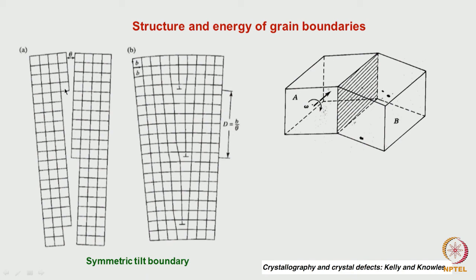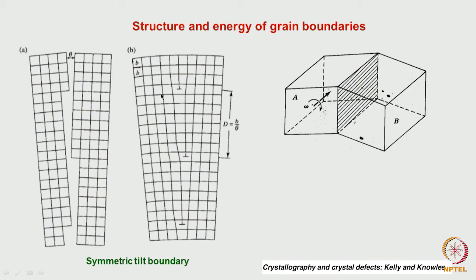Each of these ledges, if we join both of them together, will become like an extra plane, which is equivalent to introducing one extra plane, so a dislocation. So if we join them together, we will have one dislocation and another on top of it, and another on top of it, like this. And with respect to this boundary plane, the crystal on either side is symmetrically tilted.